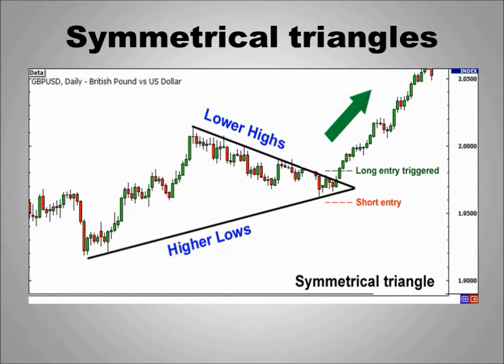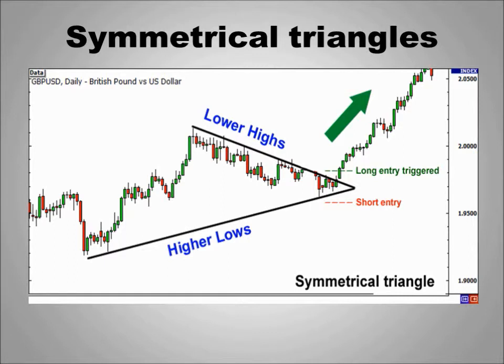We place two orders. Meaning we place a pre-order right above the peak, and we place a pre-order right below the peak. And with each pre-order, we also place a stop loss. So what happens is, once one of the levels has been hit, the other order that we made is canceled.